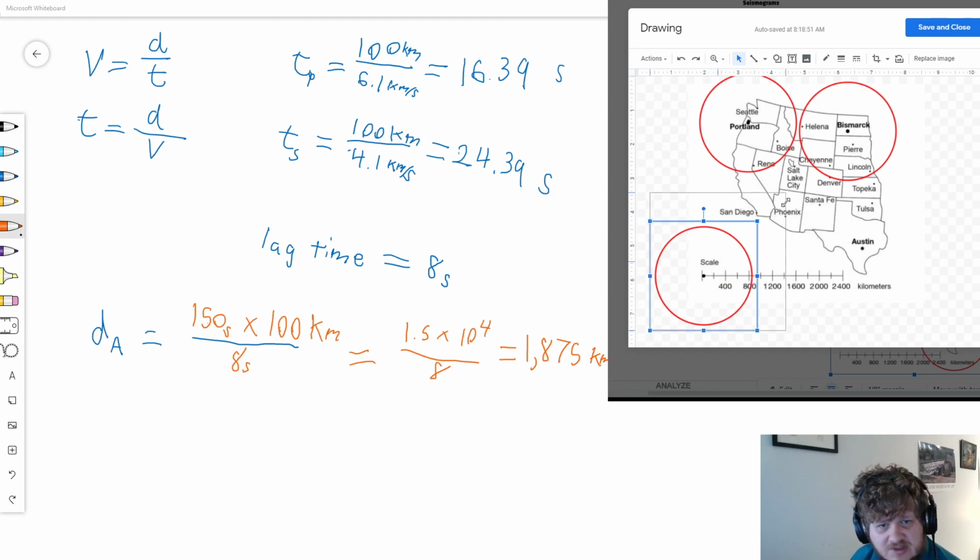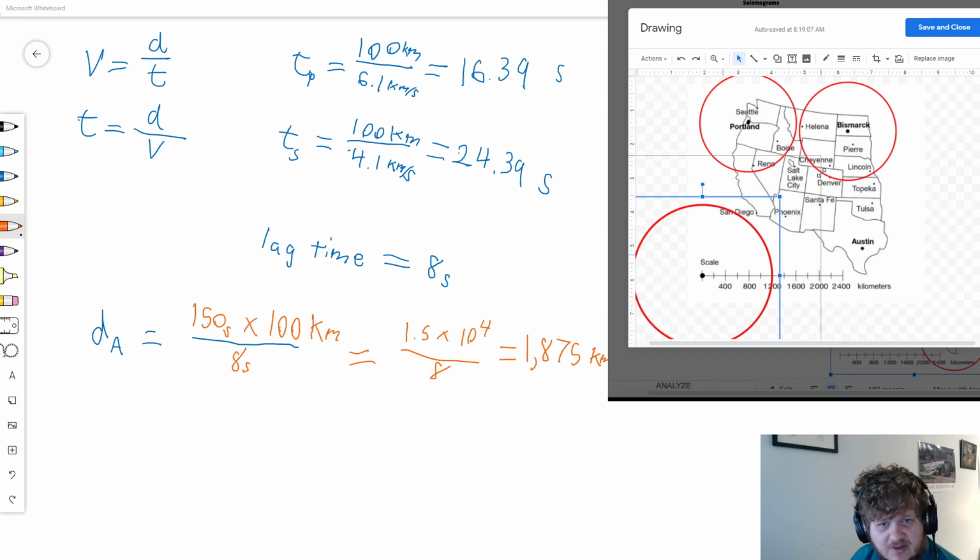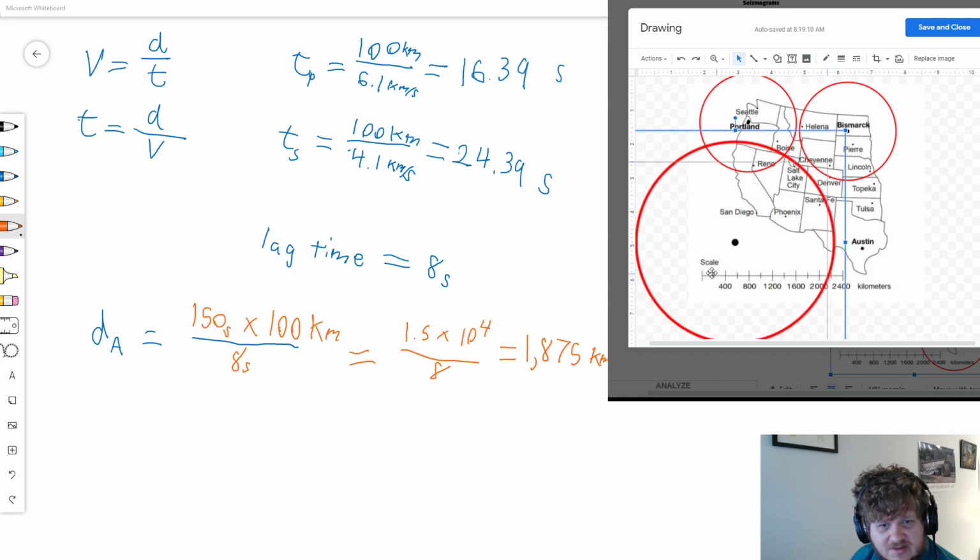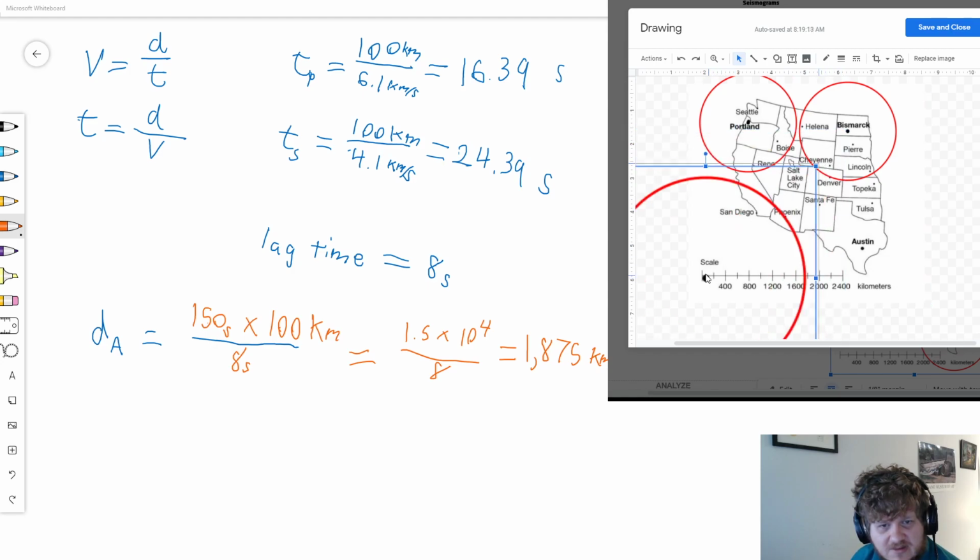So what we'll do is we'll expand it. We'll readjust. And we want to make sure we do the corner where it's longer. Okay, not quite 1,875.